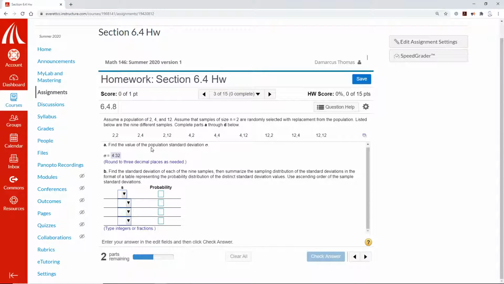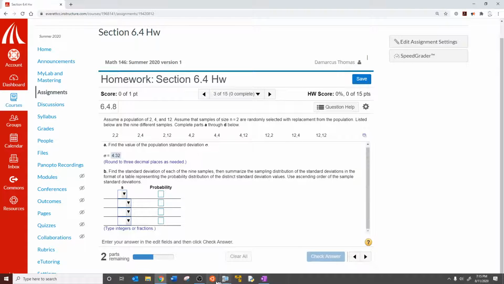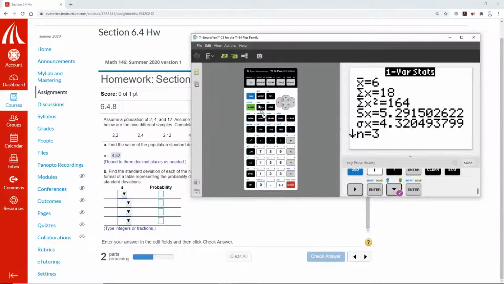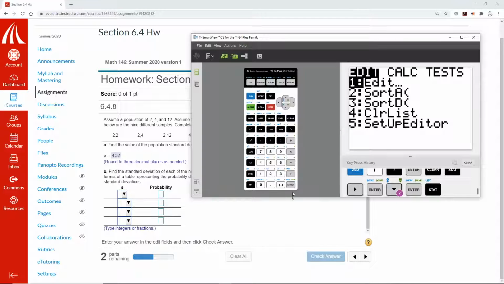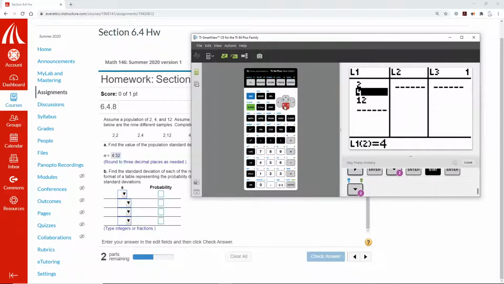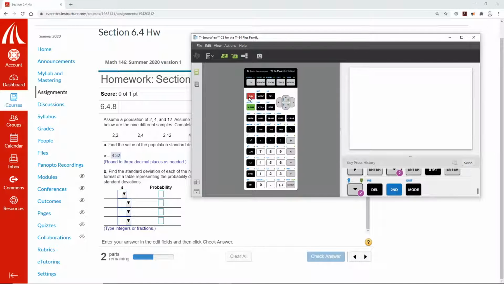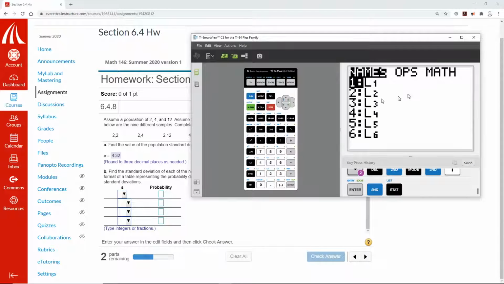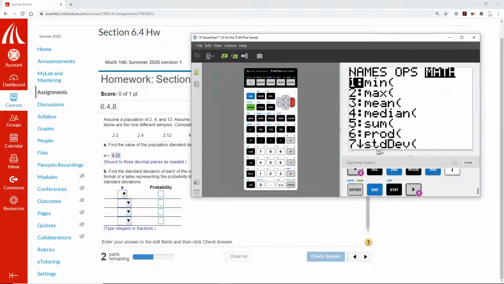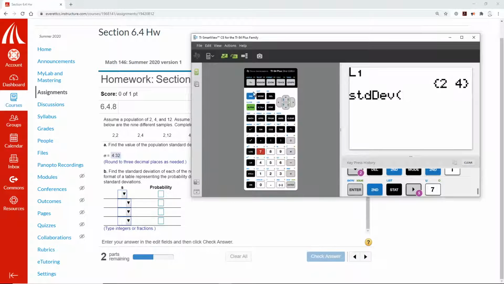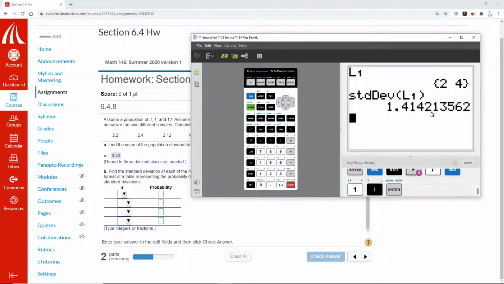All right. Now, how do we calculate the deviation of these little samples? Well, again, we could go back into the lists, edit, enter in a list like 2 and 4, for example. And because that's a sample now, I can go to math and standard deviation, number 7, and then use L1. 1.4142.